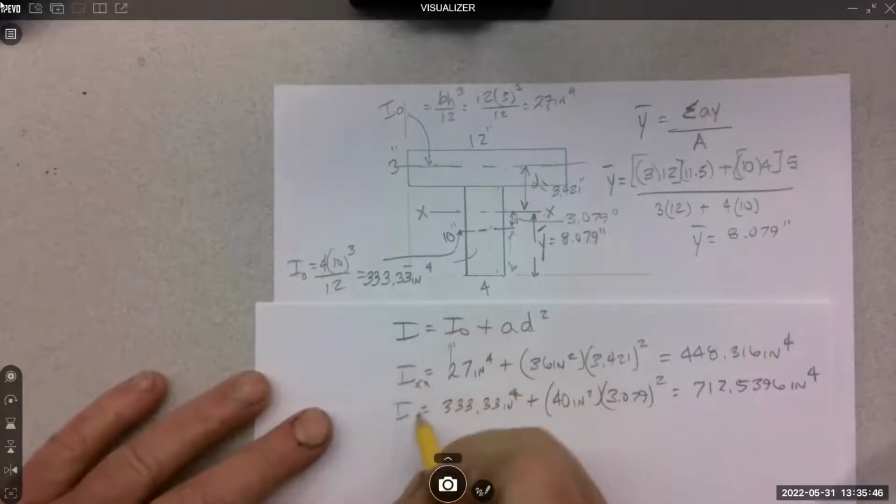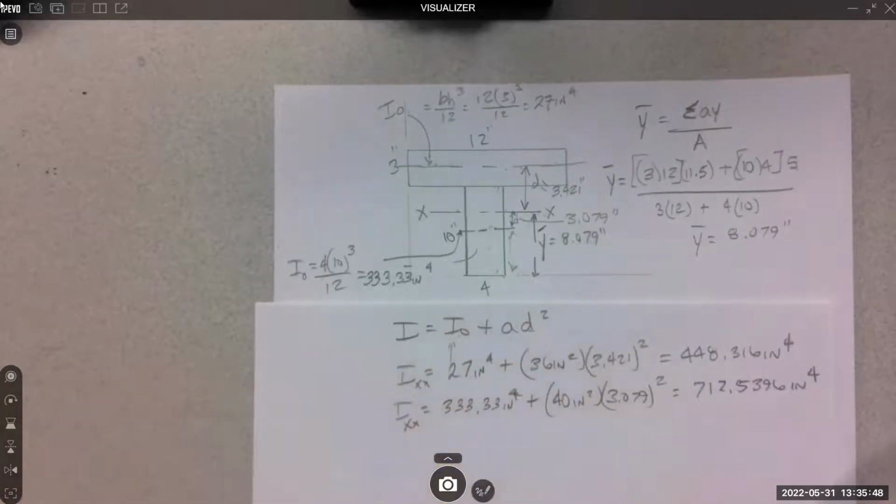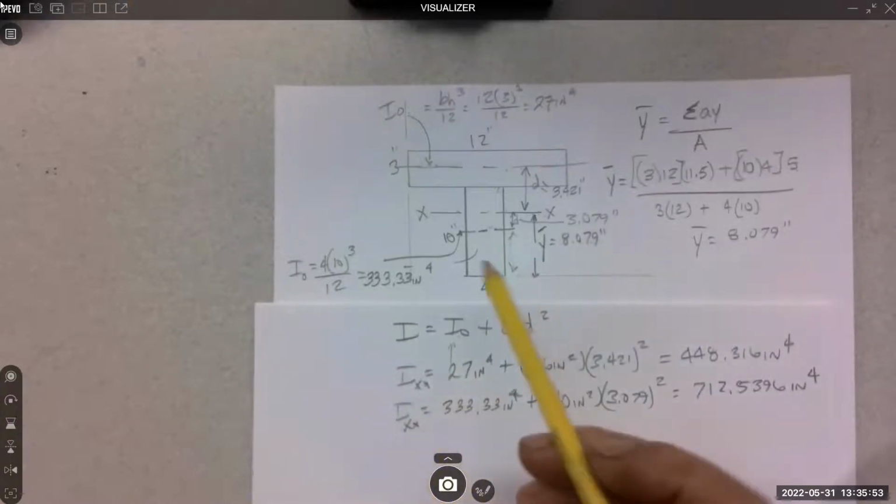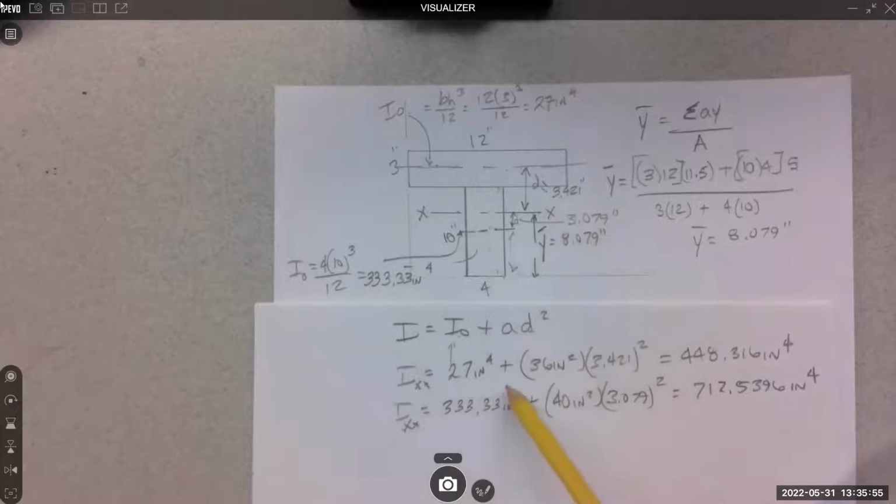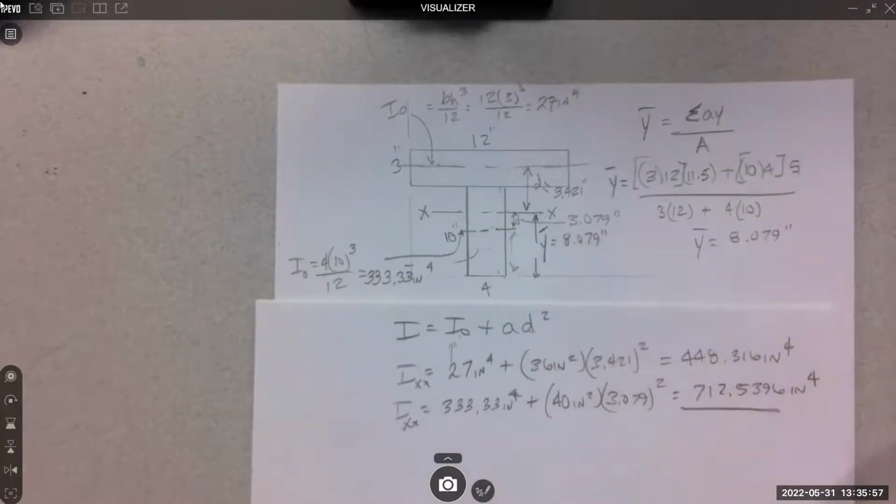Sometimes I put this notation down, which just reminds me, hey, I've transferred it to this x-x axis. That's where they're both at. I can add them together. 1160.856.